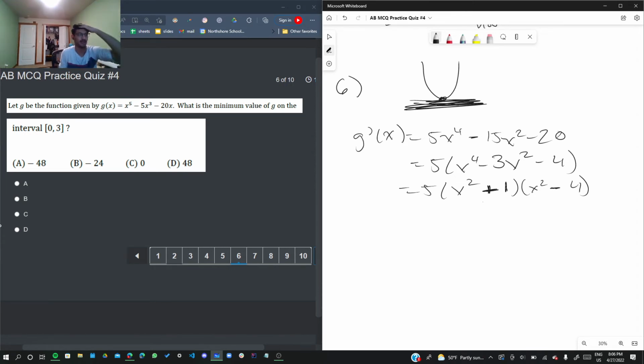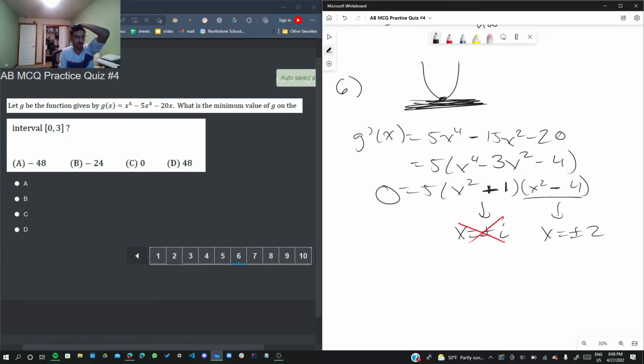If you know math, x squared plus 1 gives plus or minus i. There are no real solutions there, so that goes out of the window. Here, you have plus or minus 2. In order for this to equal 0, either of these factors will cause this entire thing to be 0, so it's going to be plus or minus 2.